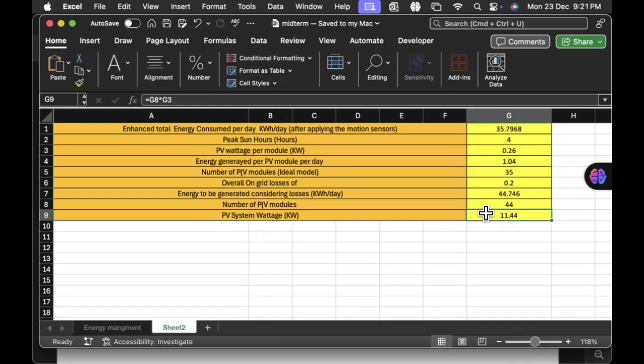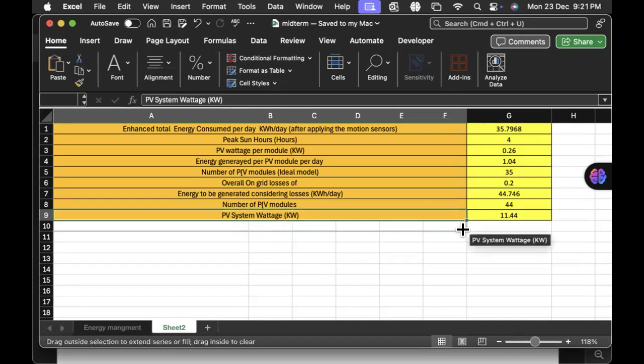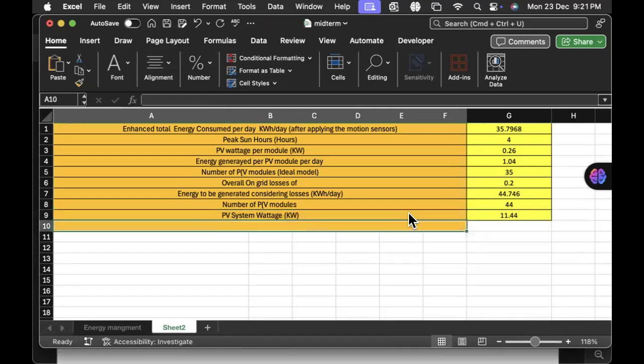Of course, maybe we can make one final check in this sheet, so we can estimate the area.